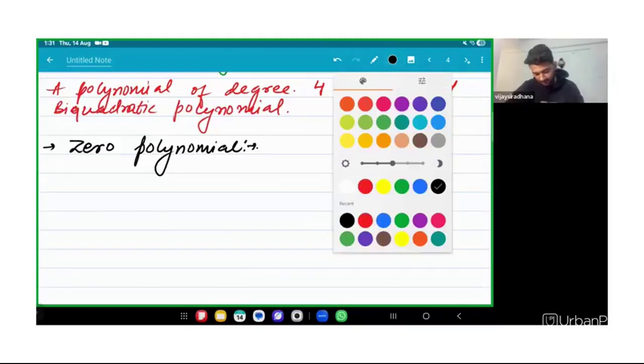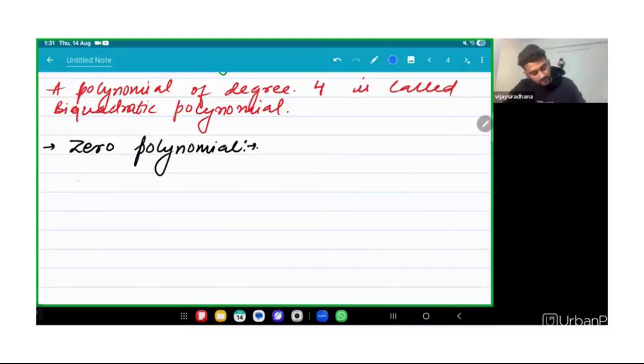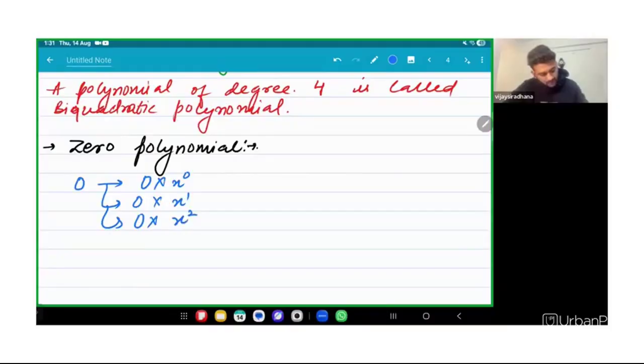For example, if I'm writing 0, first of all, this 0 can be 0 into x to the power of 0. It can be 0 into x to the power of 1, 0 into x to the power of 2, 0 into x to the power of 3. It can be anything, right?